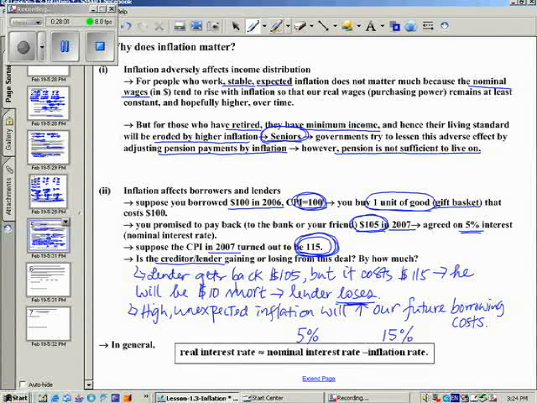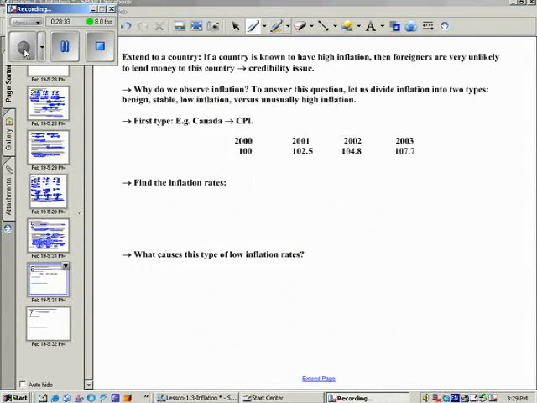Remember that we said the lender is $10 short, $10 as a percentage of the 100. So what he's losing is approximately minus 10% in purchasing power of the money because of high inflation rates. Nominal interest rates most likely will be a positive number. Real interest rates can be positive or negative depending on whether we ended up with a good deal or a bad deal.